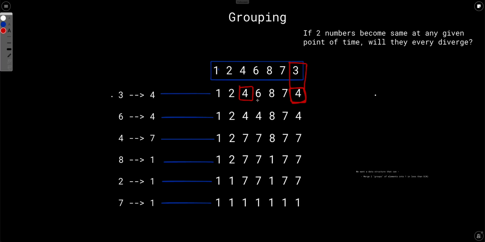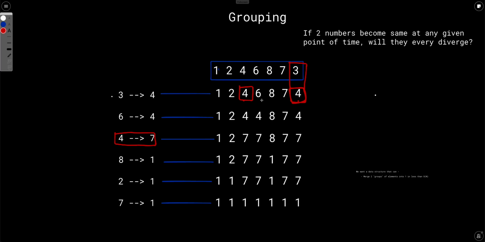Because if these two positions become 4, then these two positions will always be the same no matter what. Think of the scenario wherein these two positions will change. They will only change when you have a query that is changing 4. Whenever there is a query that changes 4, these two will change together, right?